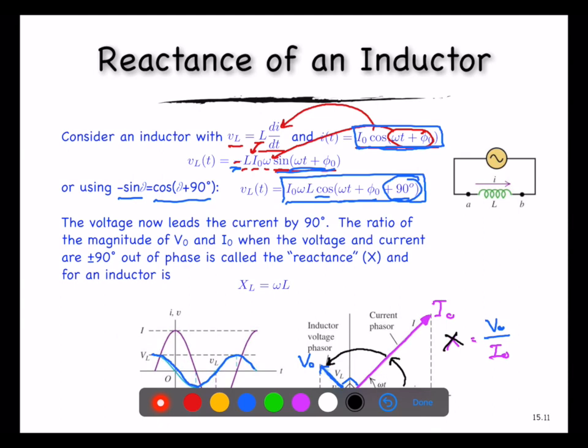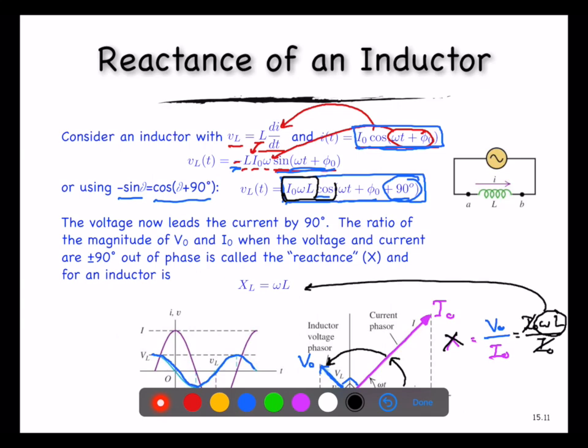And so the reactance of this particular example for an inductor, I can work that out. The value for V naught is just this, I naught omega L. And when I divide that by I naught, the I naughts cancel, and I find the reactance is omega L, written up here.